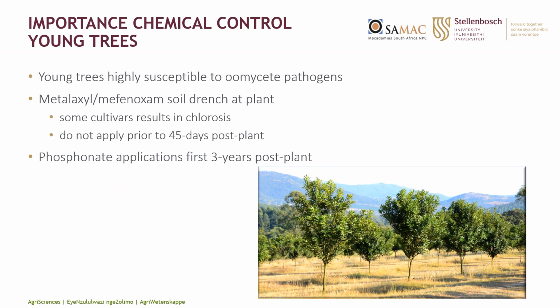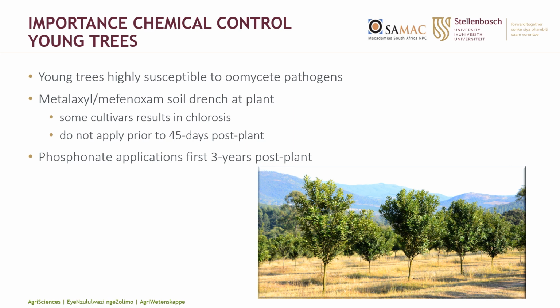Because young trees are very susceptible to Phytophthora, it is important to make use of a preventive chemical program with tree establishment and to make sure that the trees do not get infected within the first 3 years. This program will usually consist of first applying a metalaxyl or mefenoxam soil drench at planting.